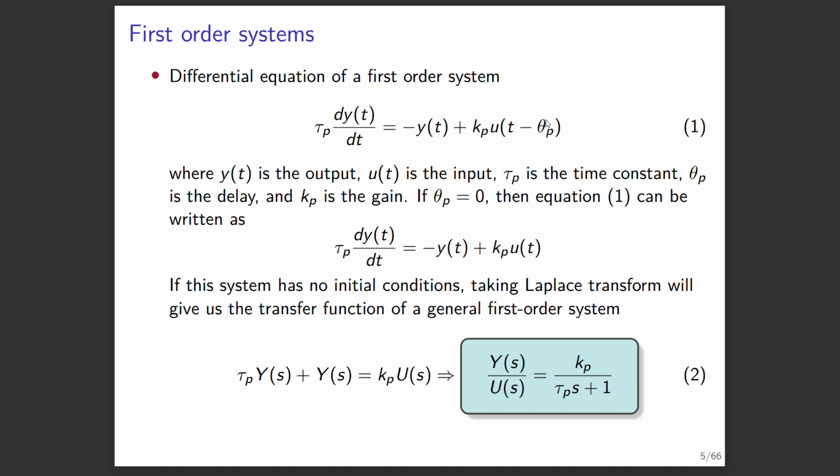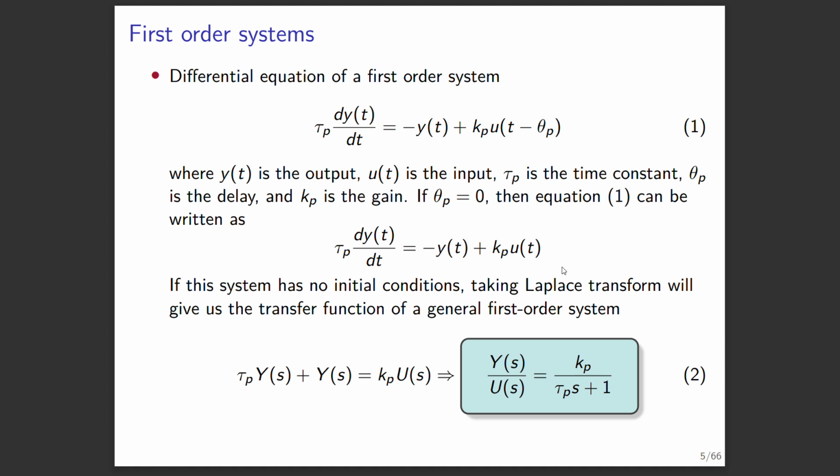Imagine you apply some voltage to your DC motor, and it doesn't start moving at that exact moment. Let's say it waits 1 second, and then it shows the result of the voltage you applied to it. That delay is going to appear here. For the rest of this course, we assume that that is not the case. There is no delay. So equation 1 simplifies to this equation. It's just the same equation without theta.